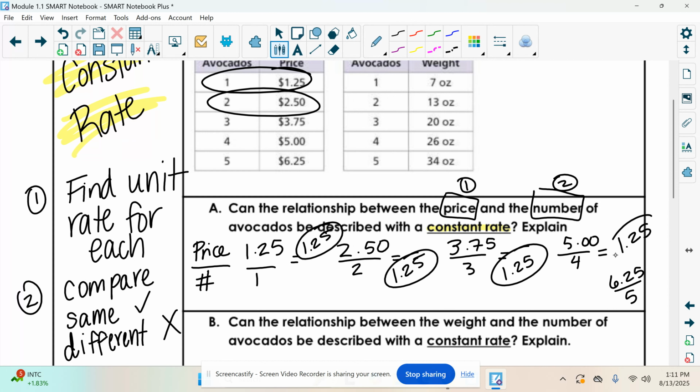And Kaylee. What do you notice about all of those? They are all the same. These are all unit rates. Okay? We found the unit rates, and they are all the same. So if they are the same, then it is a constant rate. It's a yes.